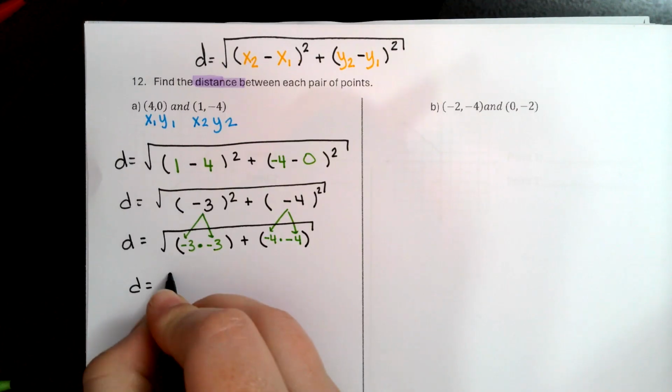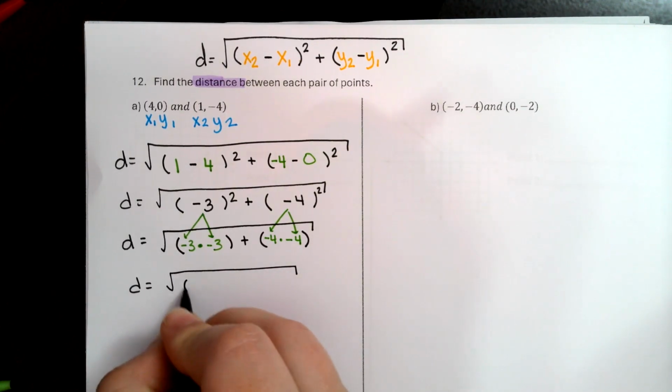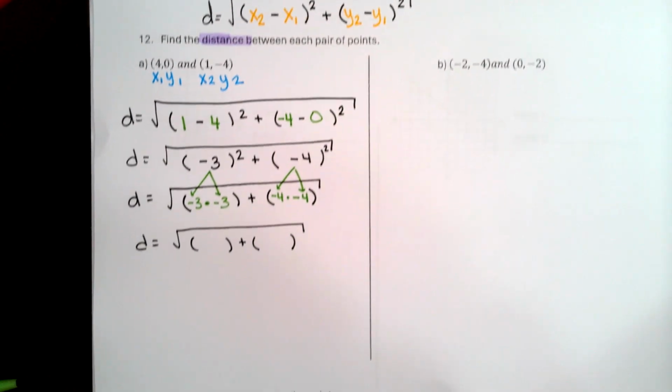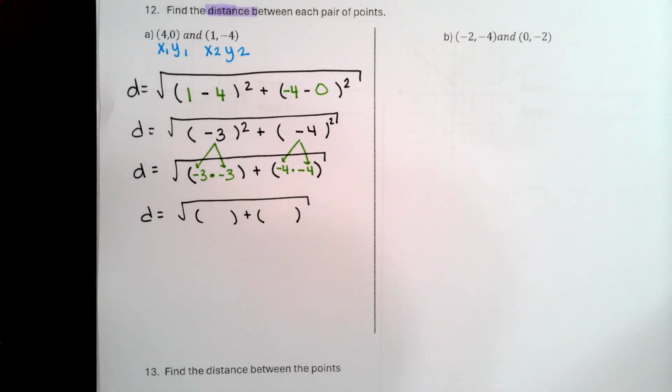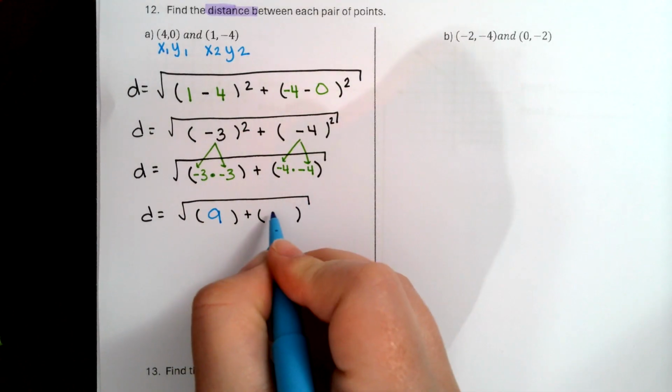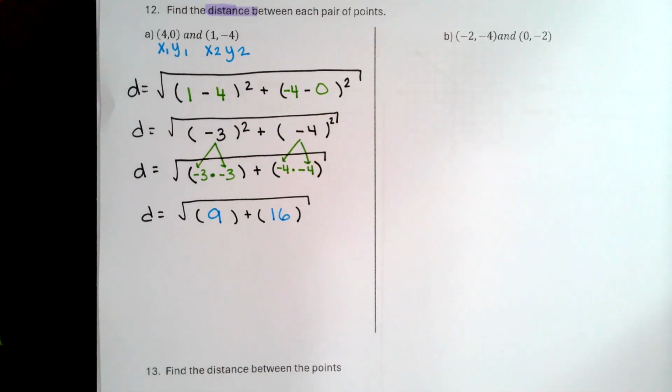Now in this step right here, this is where you're always going to have positive numbers because negative times a negative is always positive, and a positive times a positive is always positive. So we get negative 3 times negative 3, which is positive 9. 4 times 4 is 16. And now we're going to, again, make our square root smaller.